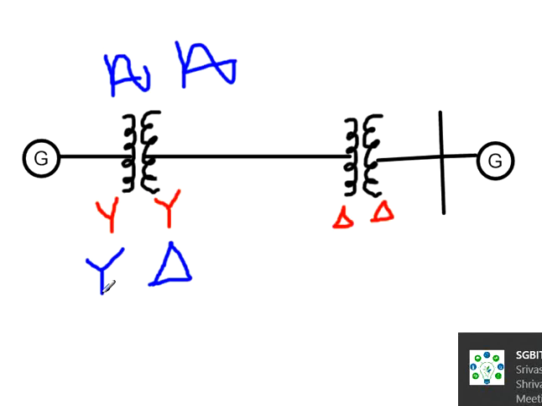That we will study in this chapter, in terms of symmetrical components. If the primary is star and secondary is delta, what is the shift between the primary and secondary? We will learn that.